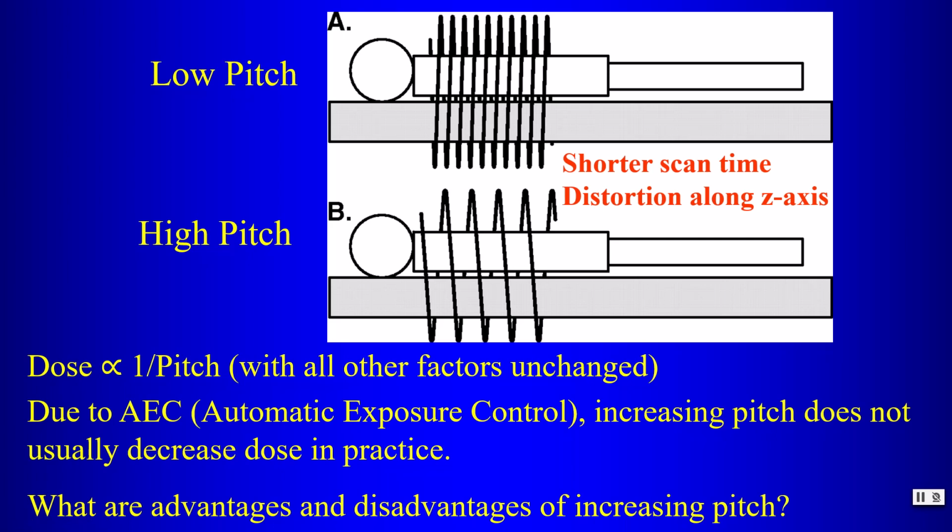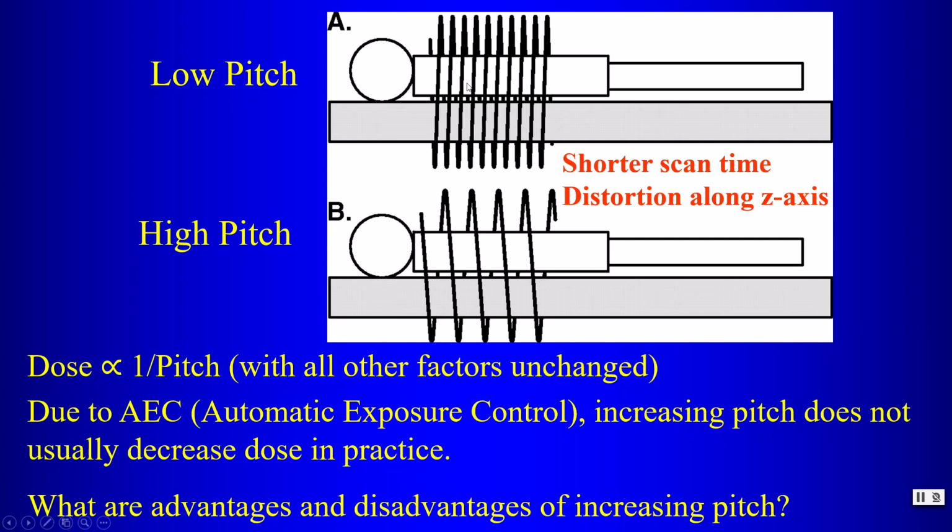The one disadvantage to that, though, is that you might get distortion along your z-axis because you have some spacing between these slabs of tissue acquired in your separate rotations. So the advantage of high pitch is a shorter scan time. The disadvantage is you can get these possible distortions along the z-axis.